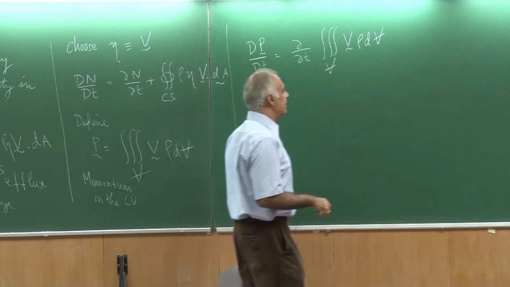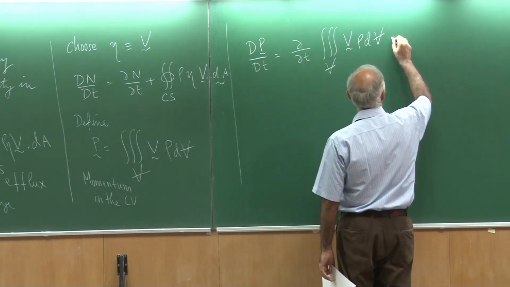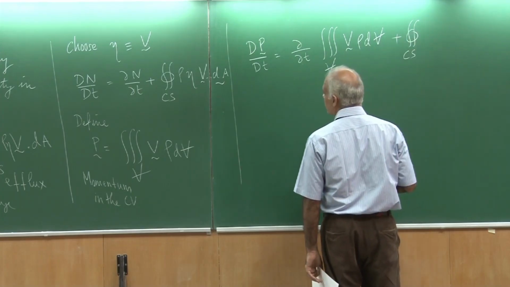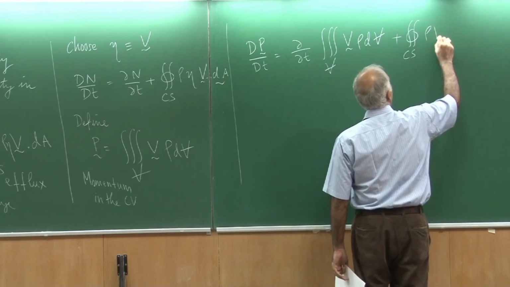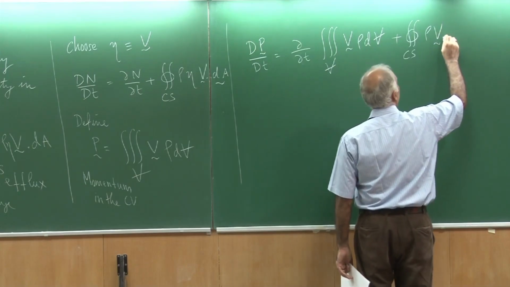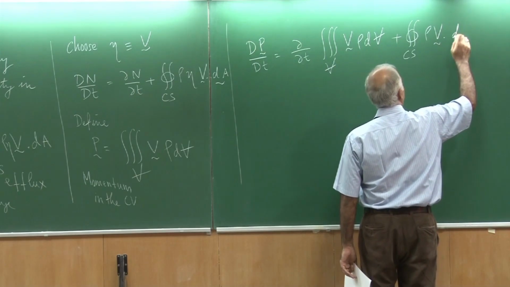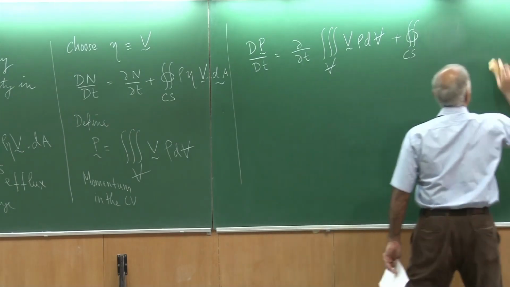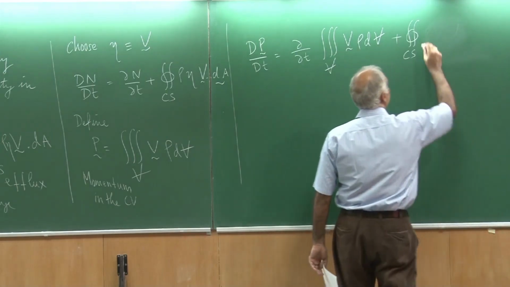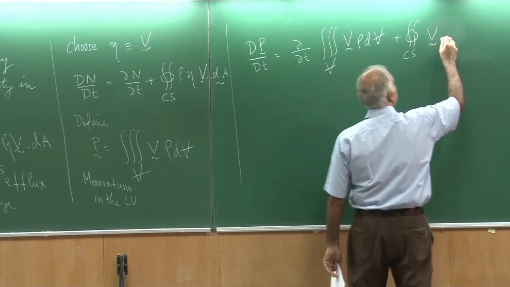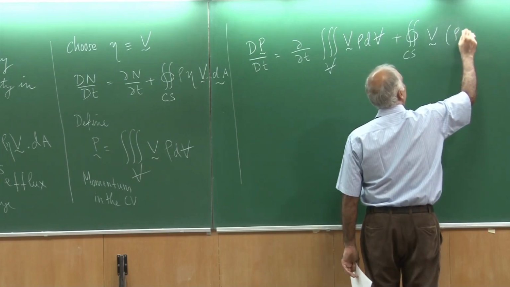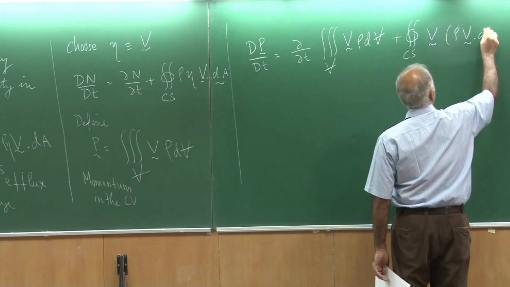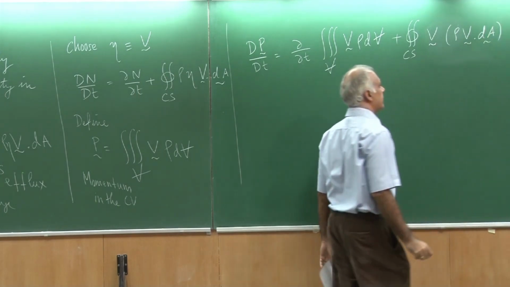So this is the unsteadiness part, and then of course I have the efflux, which is I integrate over the control surface V rho V dot dA.